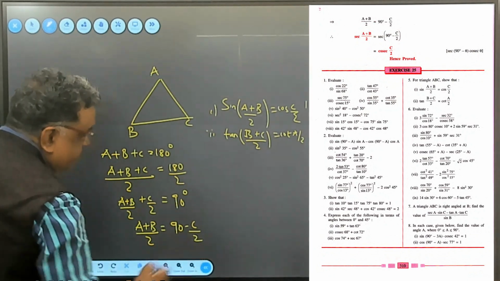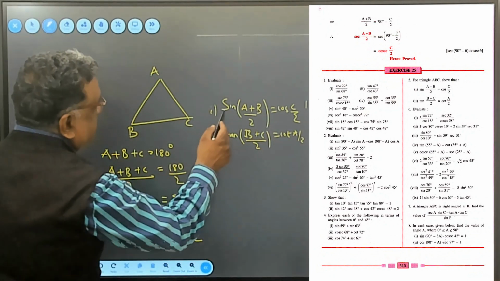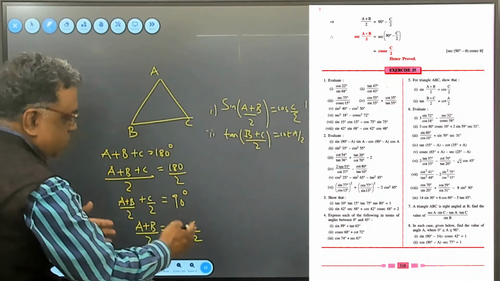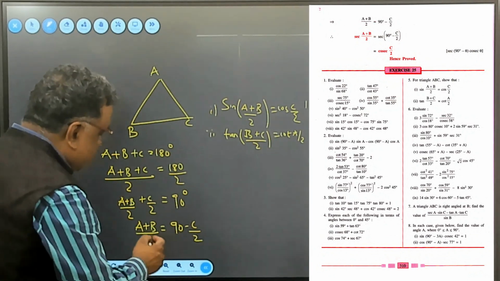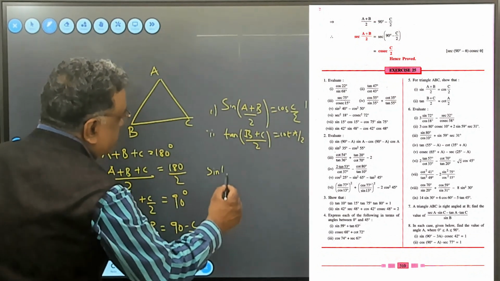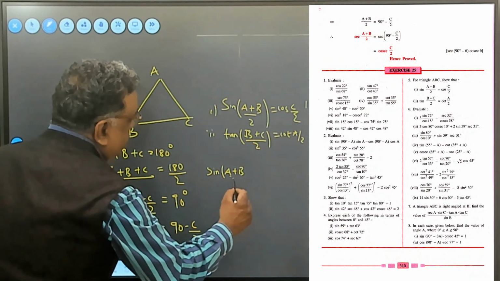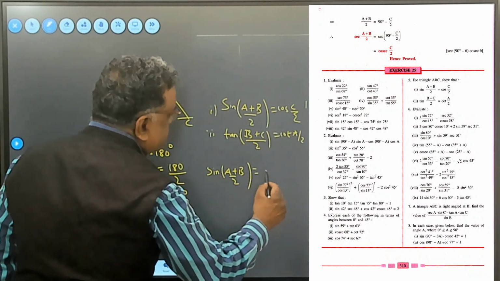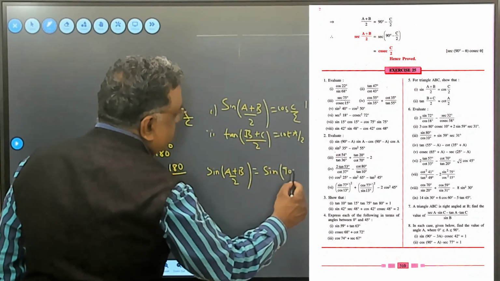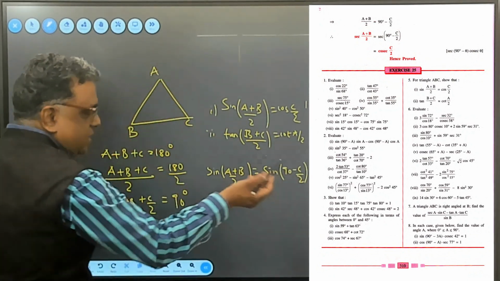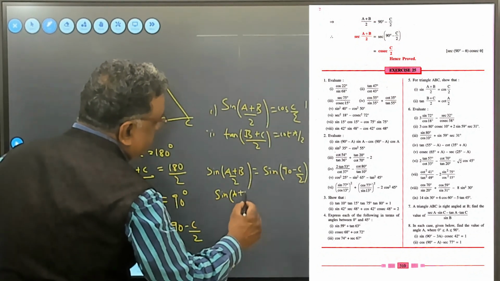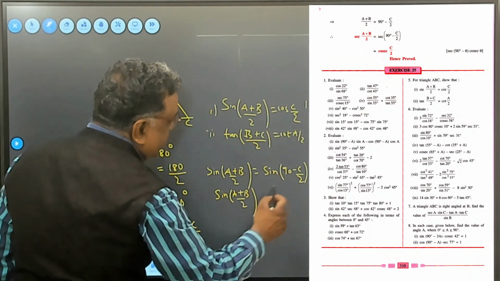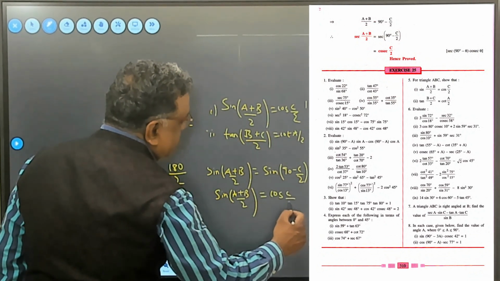Now I will take sine on both sides, because if these two angles are equal, their sine ratio also will be the same. So sine of A plus B by 2 should be equal to sine of 90 minus C by 2. Sine 90 minus theta is what? Cos theta. So we can prove this.